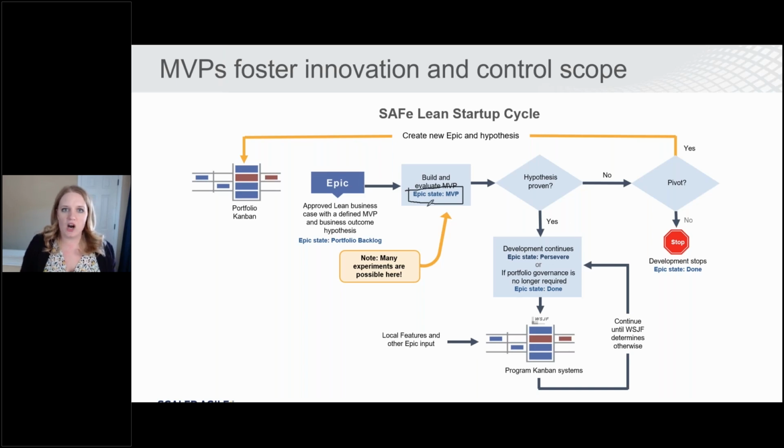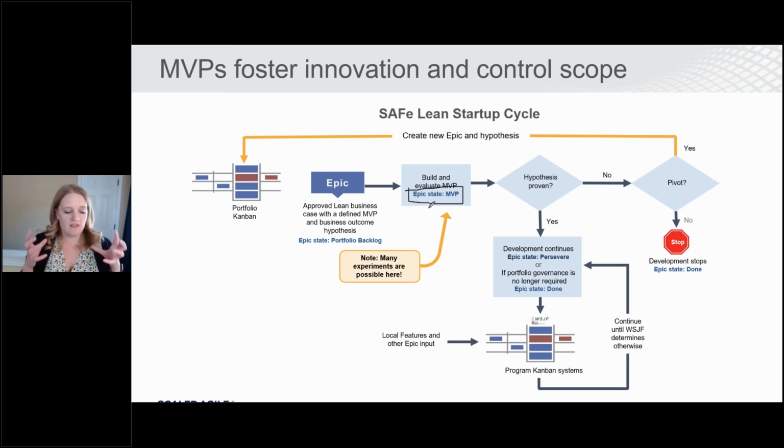So we test our hypothesis. We might have an idea. If I build this mobile grocery delivery app, people will order their groceries from home to be delivered because they don't want to go out to the store. That could be a hypothesis.